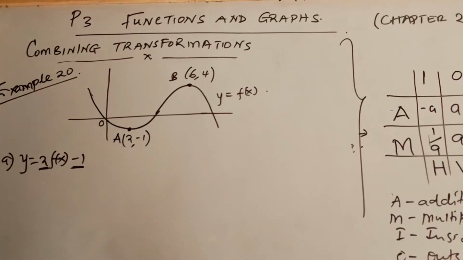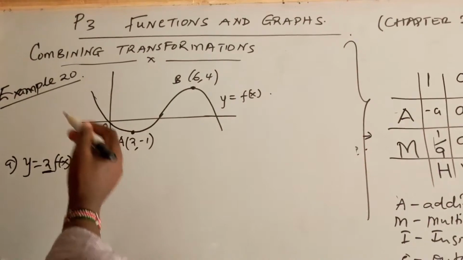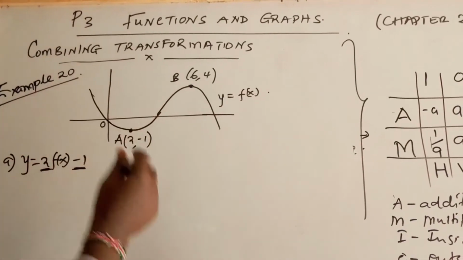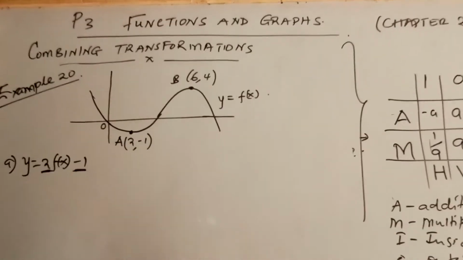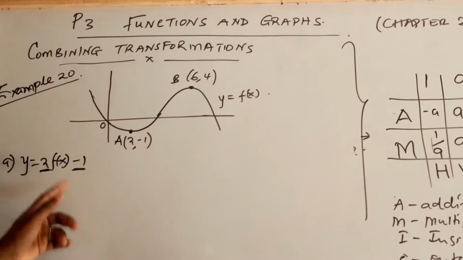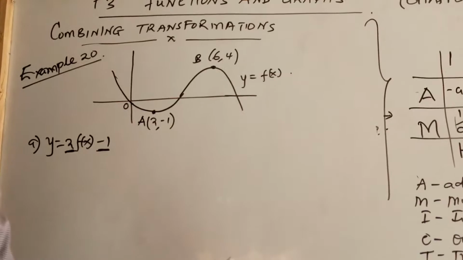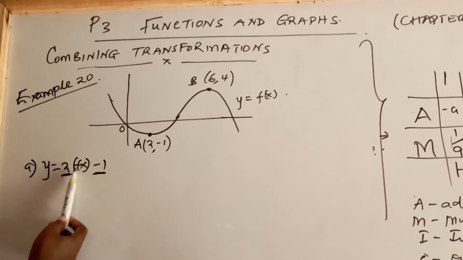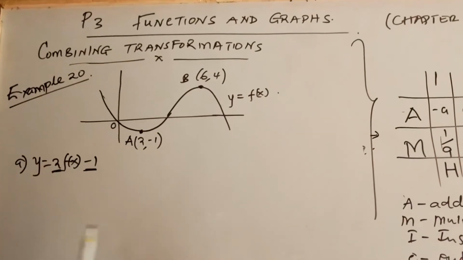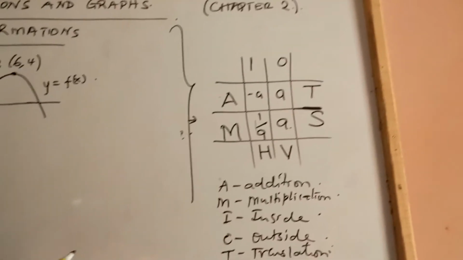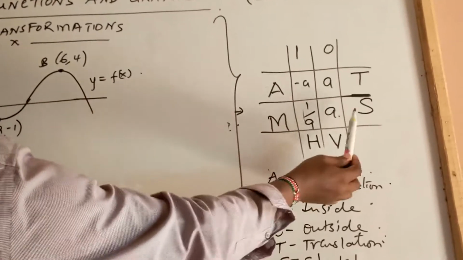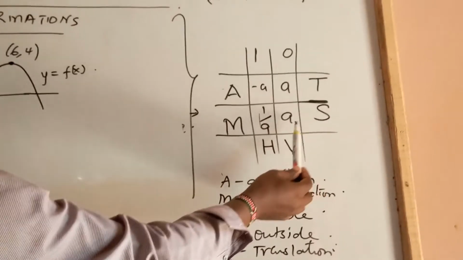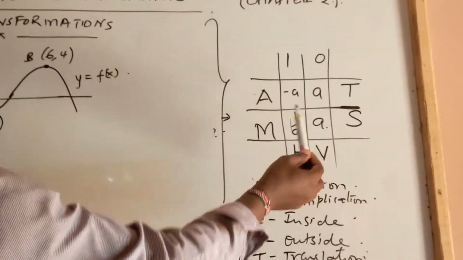And we can already say we must talk about the original function f(x), which has first of all been multiplied by 2, and you can see the multiplication is outside. The 2 is outside the bracket. Go to the memo and you talk about multiplication outside is a vertical stretch of scale factor a.